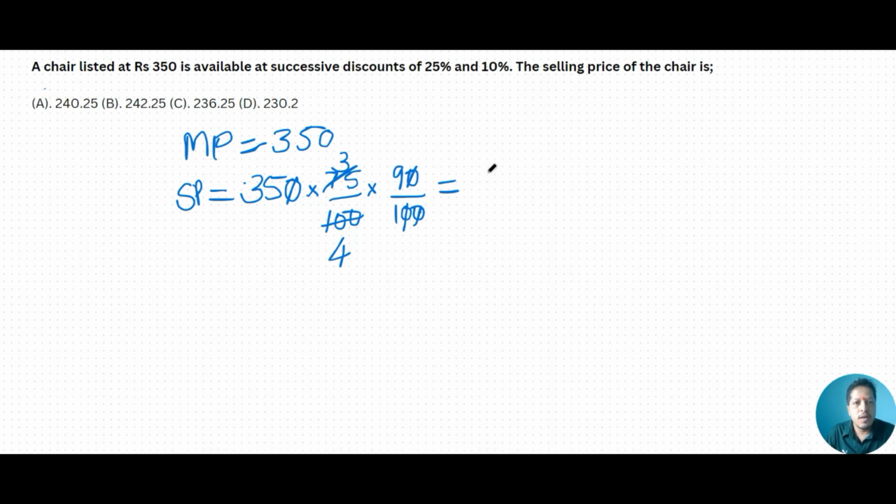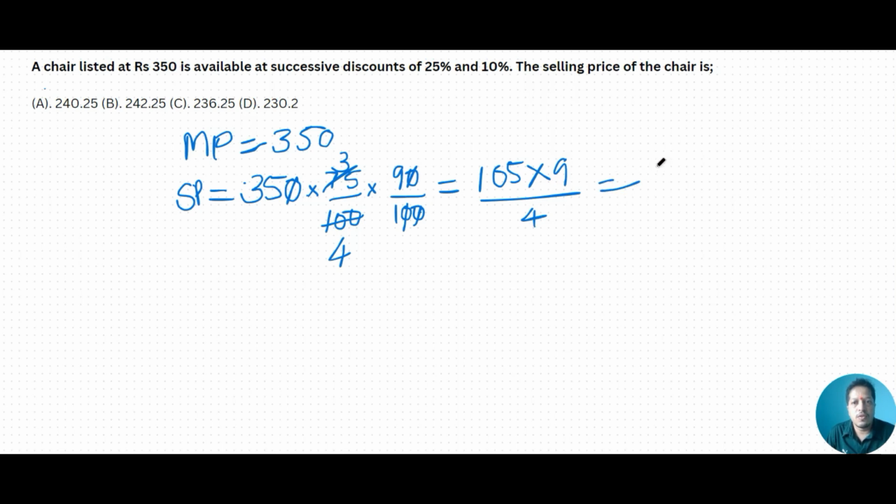Let us multiply 35 into 3, 105, then 105 into 9 divided by 4.